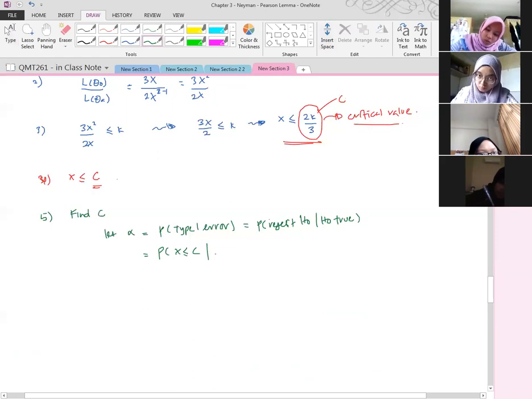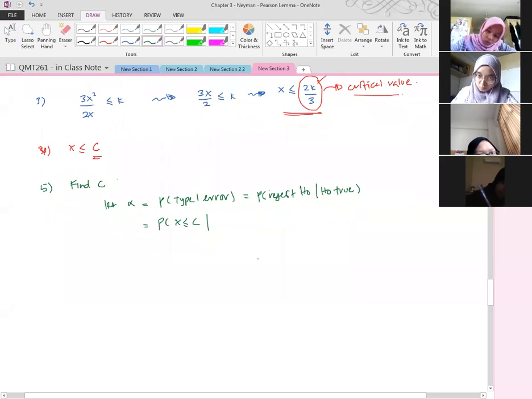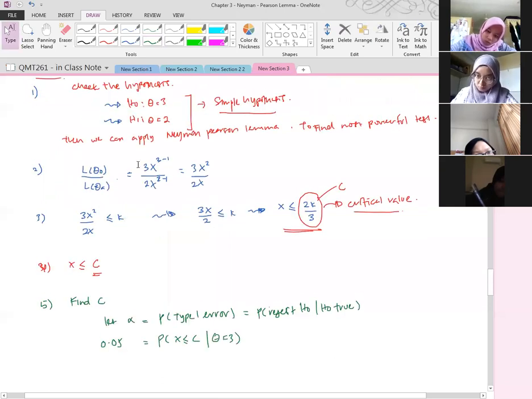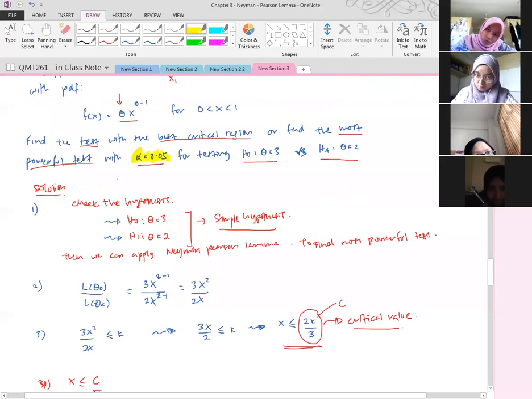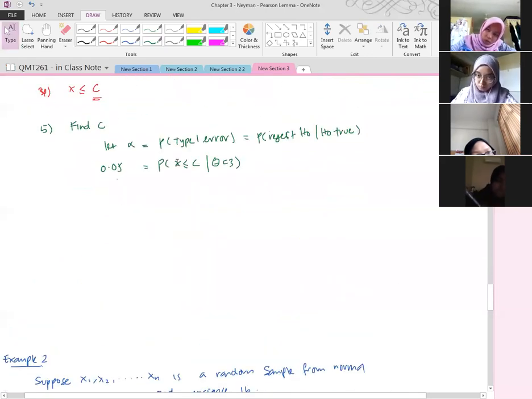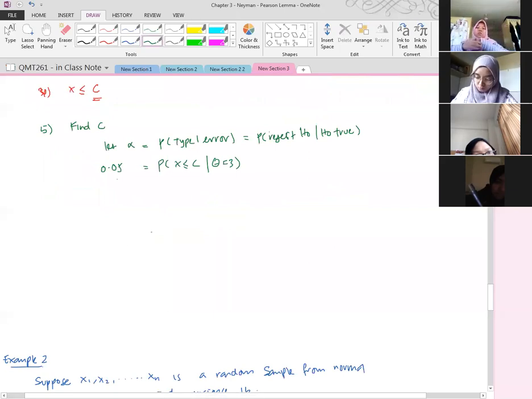When the null hypothesis is true, it means theta equal to 3. We know that alpha is 0.05, as stated in the question. This is going to make it easy to find the value of C.